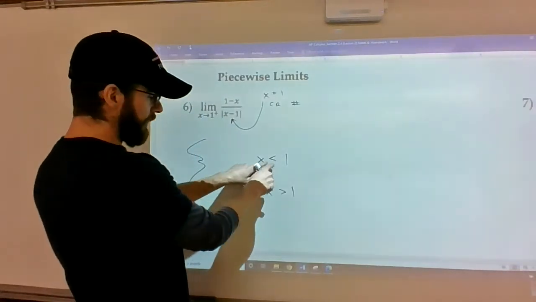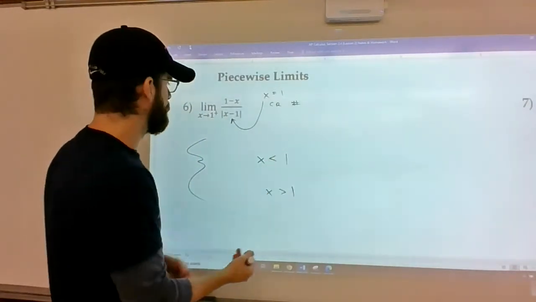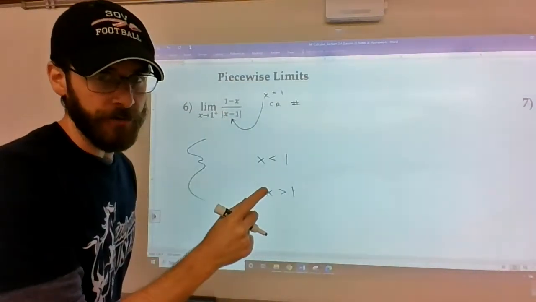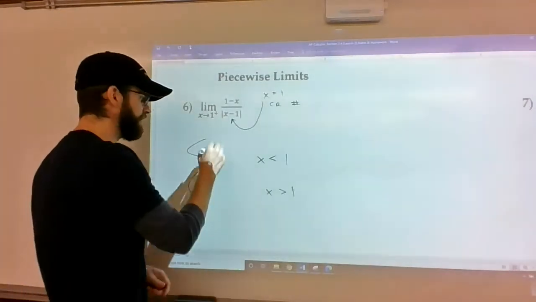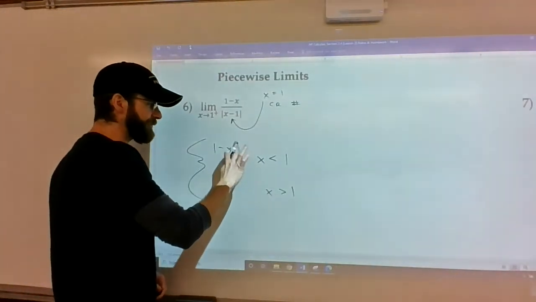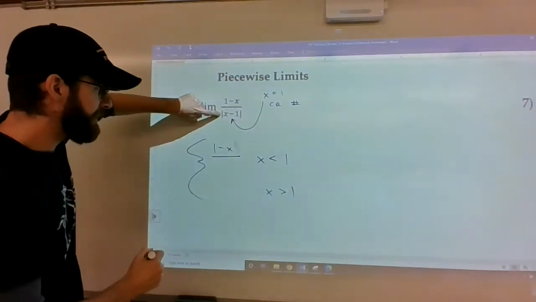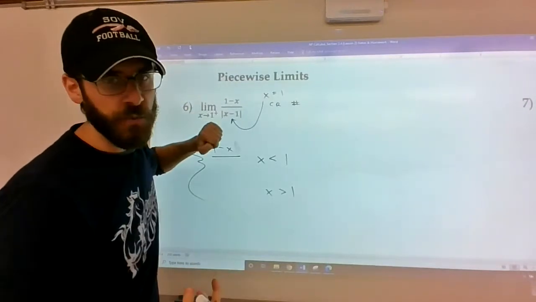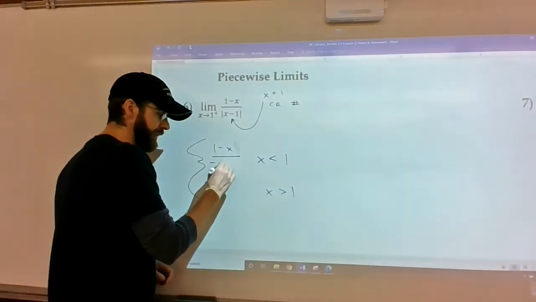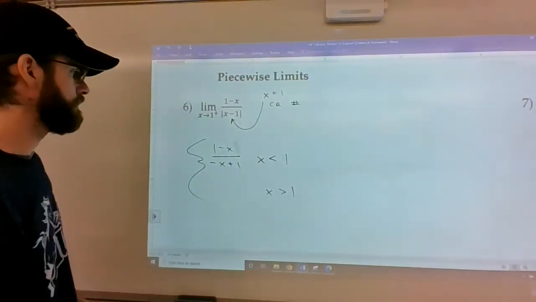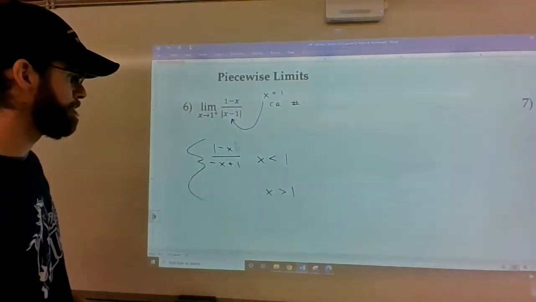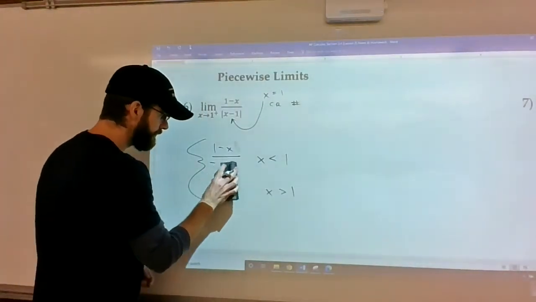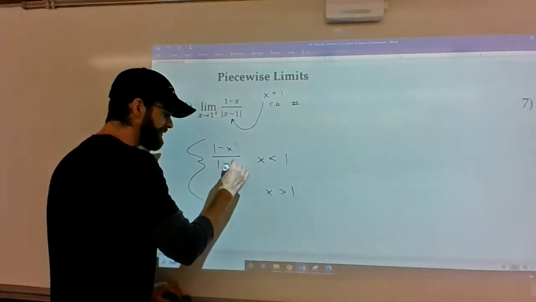So if you pick a number that's less than 1, say 0, and plug it in, 0 minus 1 yields a negative value, which is code for saying this absolute value on the bottom is going to manifest the negative version of x minus 1, which is negative x plus 1, the same as 1 minus x.